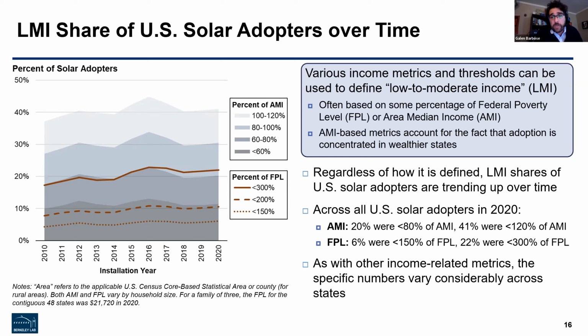Those programs often focus on households with income below some threshold percentage of either federal poverty level, FPL, or area median income, AMI. And so all we've really done here is show the breakdown of solar adopters into these different AMI and FPL based buckets. The figure simply shows that the percentage of solar adopters within those LMI groups has been increasing over time, consistent with what we'd expect given some of the preceding trends.